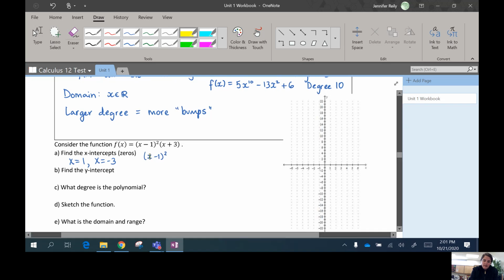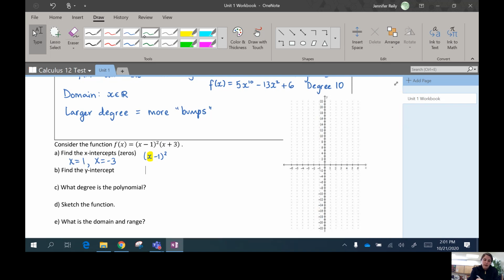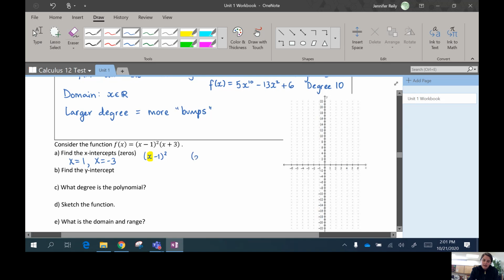To make that factor 0, you would have to put in 1, and that's why x equals 1 is one of the zeros. Then by looking at the other factor, x plus 3, plugging -3 into the x position would give you 0, and 0 times anything is 0, so that gives you another zero.